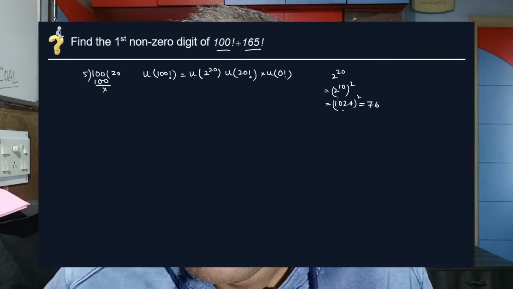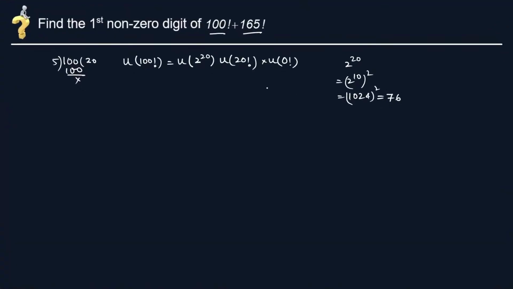Again, in this case, only 6 will actually help us to solve this problem. But okay, we have already learned the last two digits of 1024 when the power is even. That is why I'm taking it, because it will be needed right after this section. When we move to the next section, there we will need the last two digits. That is why I'm doing it right here. So the last two digits will be 76. So the first non-zero digit will be 6 in this case.